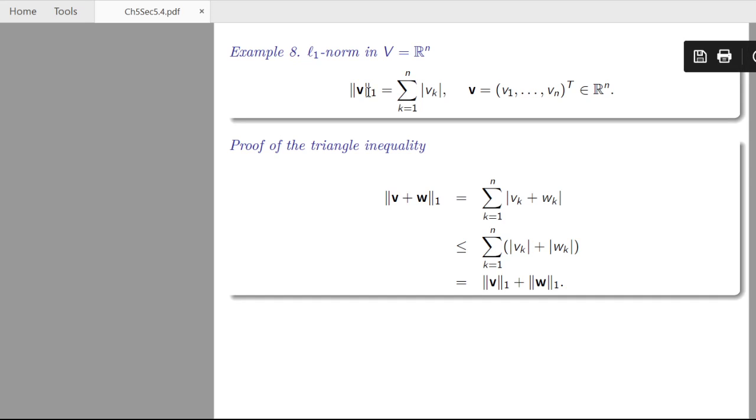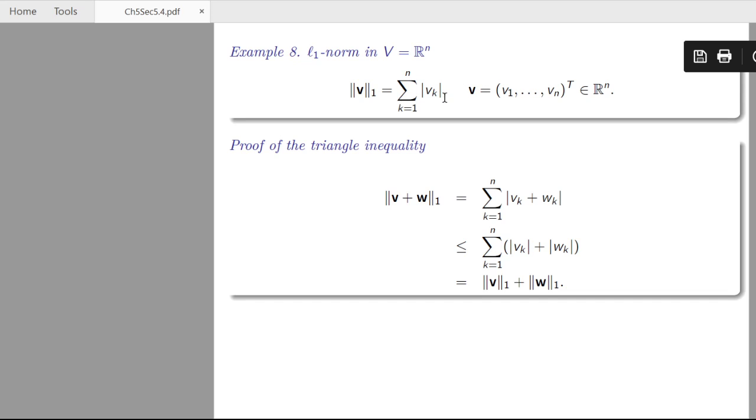For example, the first property: the sum of absolute values of the components should always be non-negative, and this summation equals 0 means all these absolute values should be equal to 0. That means all the vk equal 0, which means v should be a 0 vector. So in that way, we can say the first property for the norm is satisfied.